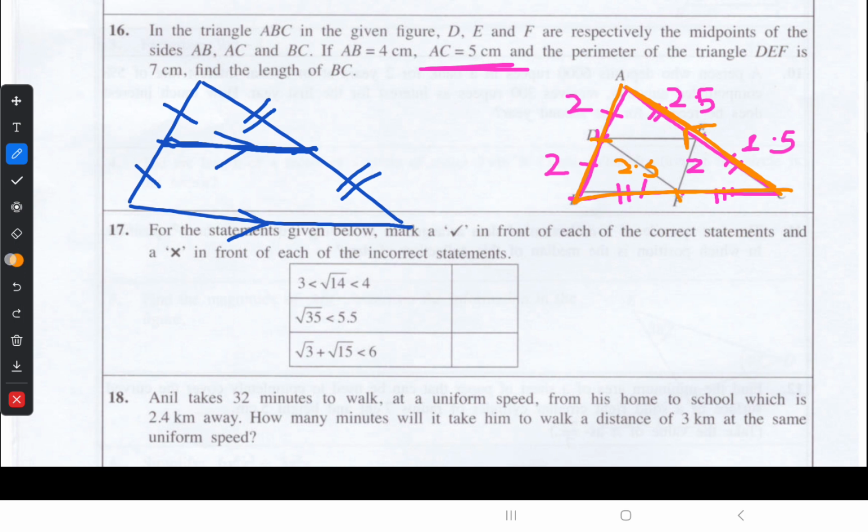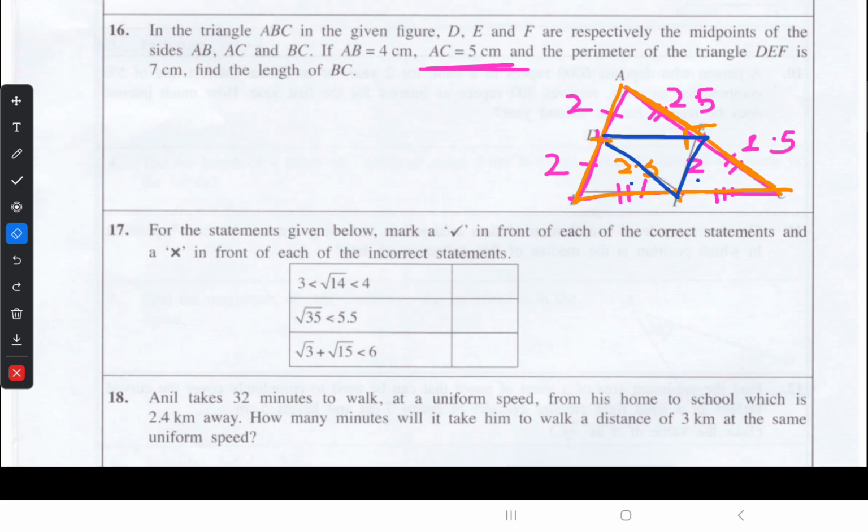Then another data given, that is the perimeter of triangle DEF is 7 centimeters. So here we already know this is 2 and this is 2.5, according to our midpoint theorem.